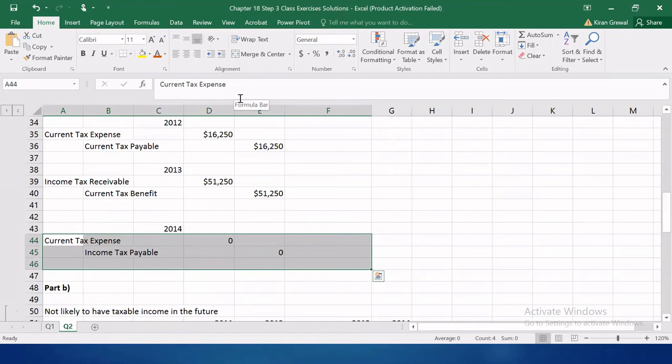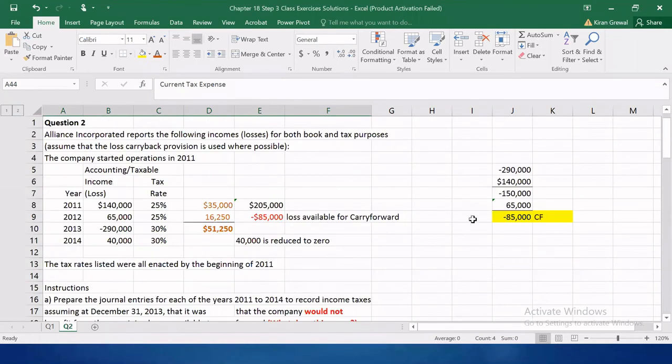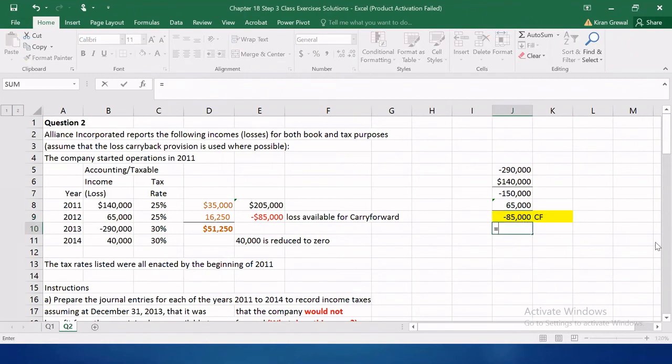We've used up some of the loss, right? So we have $85,000 of a loss left over. We used up $40,000 of it. So we actually still have some loss left over to carry forward for another year. So we have $45,000 left that we can carry forward to the next year or the next 20 years.